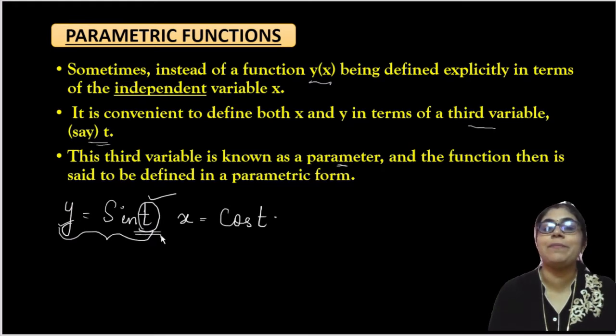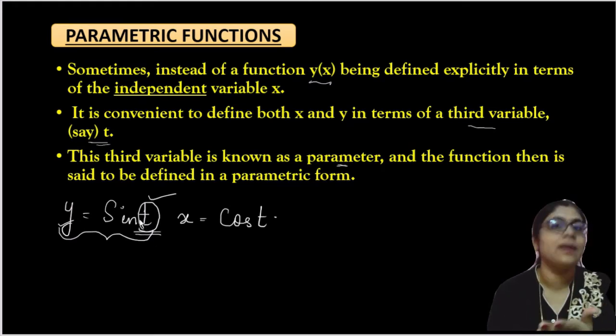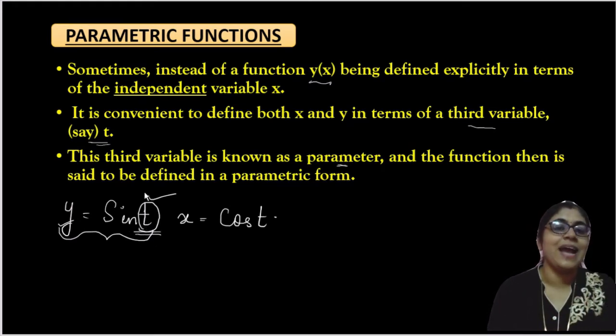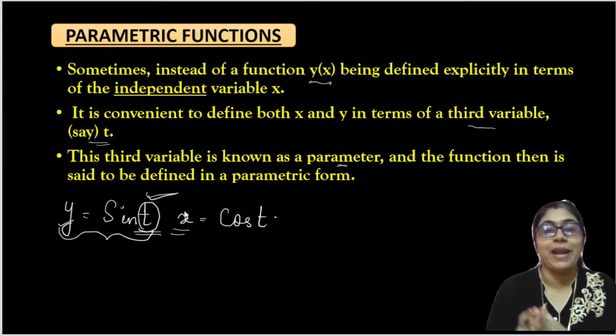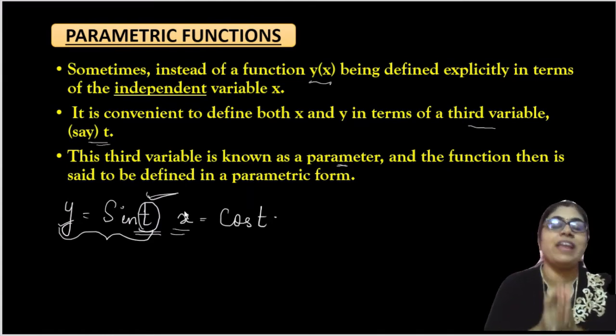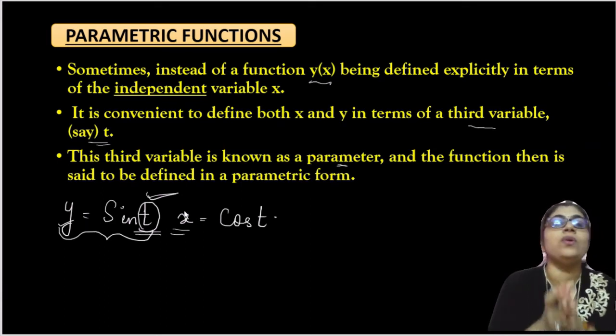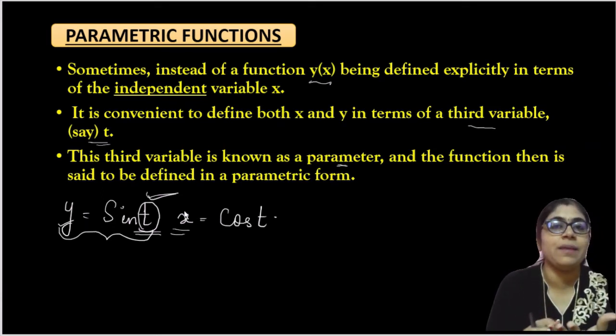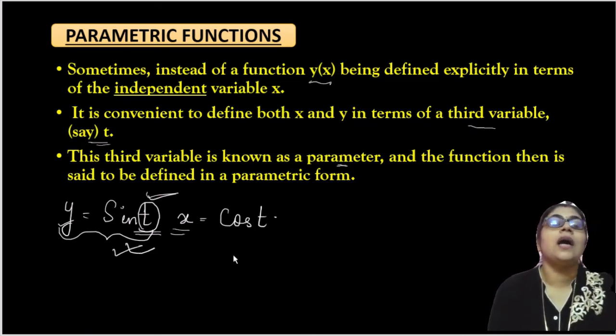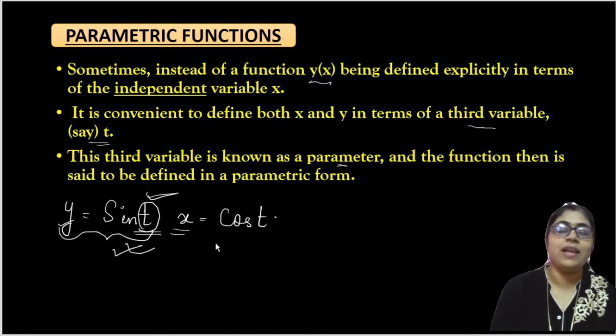Here it is dependent on another variable, that is t. And x is also dependent upon a third variable, which is t. We say that variable is a parameter, and this type of function is known as a parametric function.